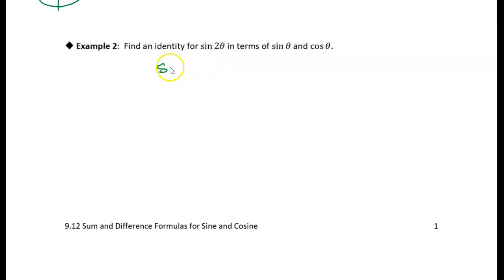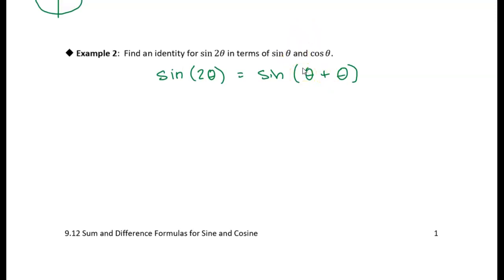The reason for that is that the sine of 2 theta is just equal to the sine of theta plus theta, right? That is 2 theta, theta plus theta. And so I can just go up to the sum formula for sine and plug it in.